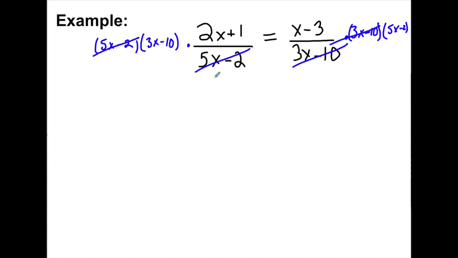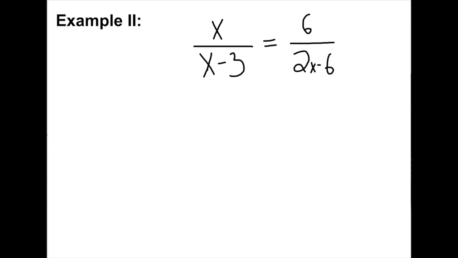What I've essentially done is use the greatest common factor, because 5x minus 2 times 3x minus 10 is the greatest common factor of the denominators. When you multiply both sides by it, you're ensured that the denominators will cancel. And remember, as long as you multiply both sides of the equation by the same thing, everything will stay balanced.